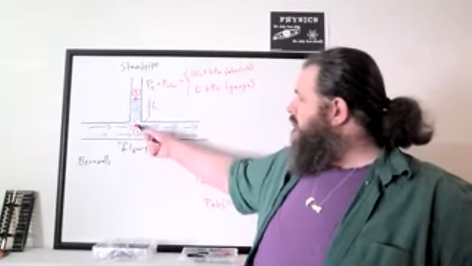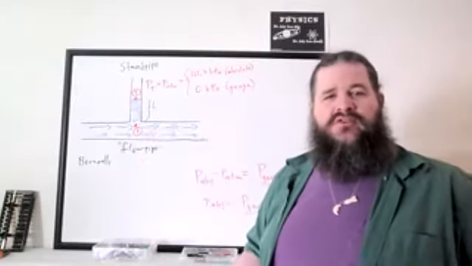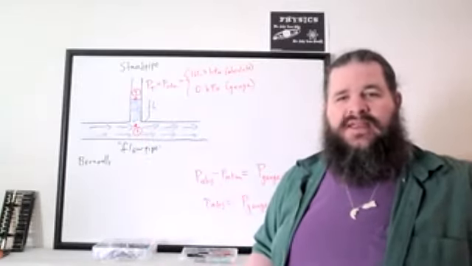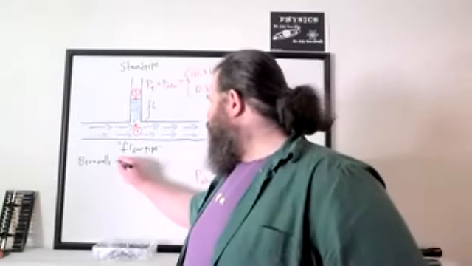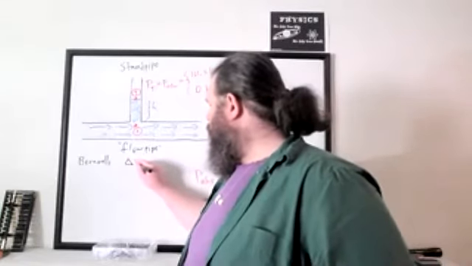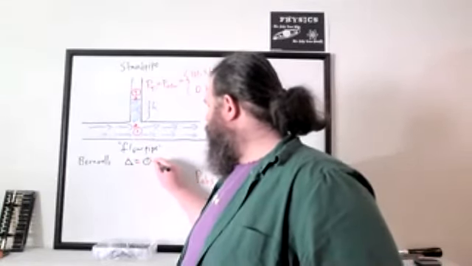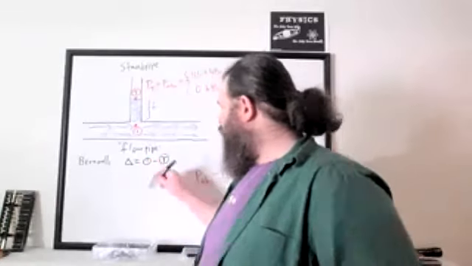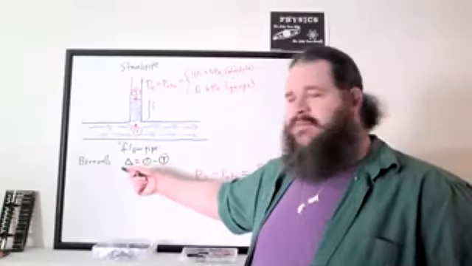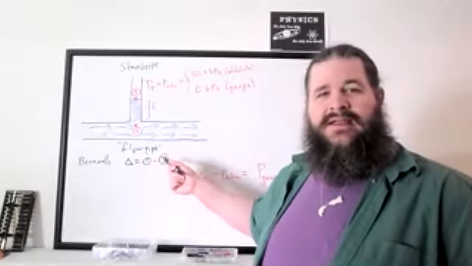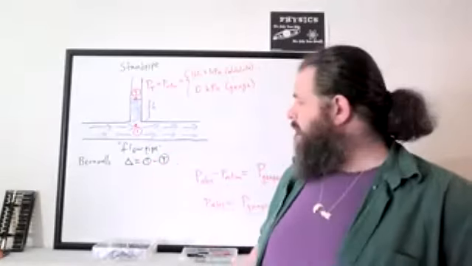We're presumably trying to find the pressure at point 1 though. So let's call these deltas 1 minus T. That way, if we're trying to solve for delta pressure, it's going to be P1 minus PT, and then we can just add PT to both sides.